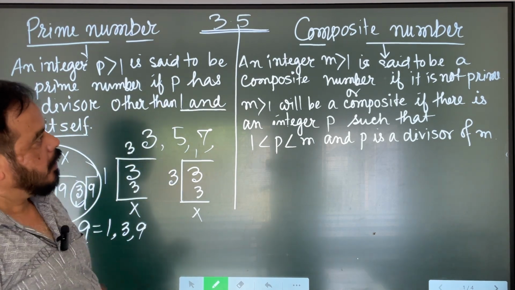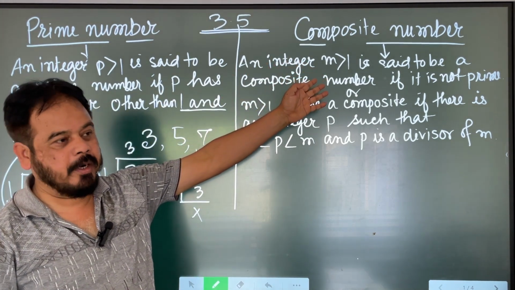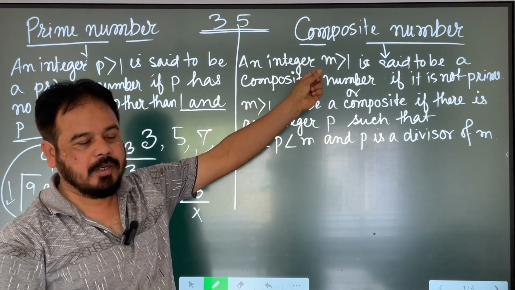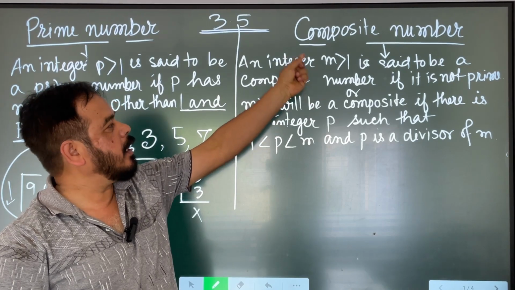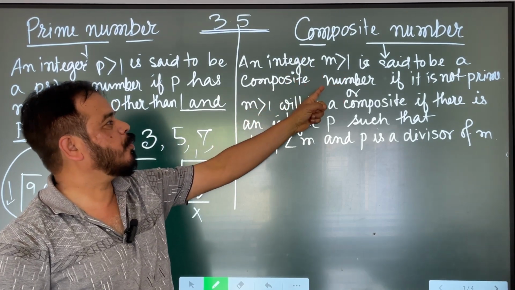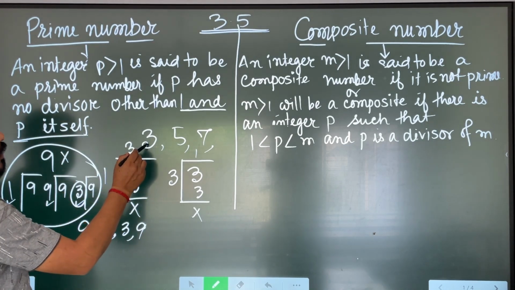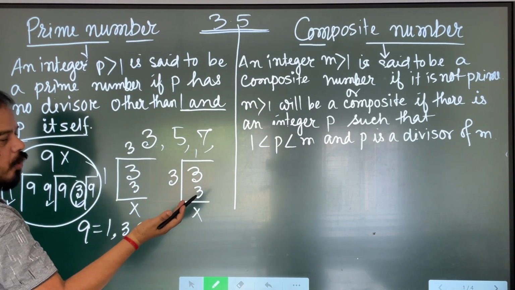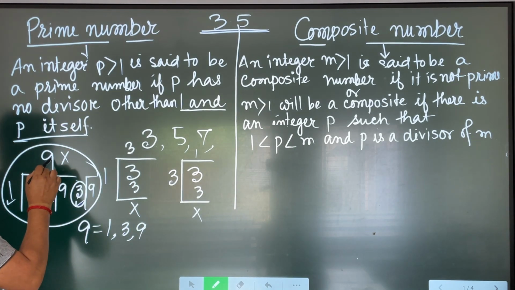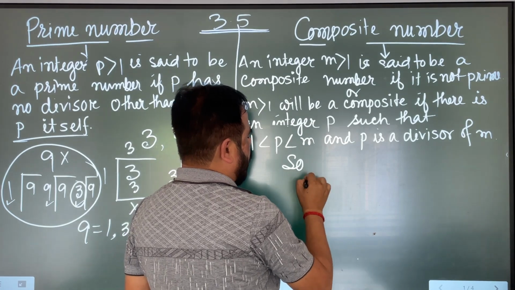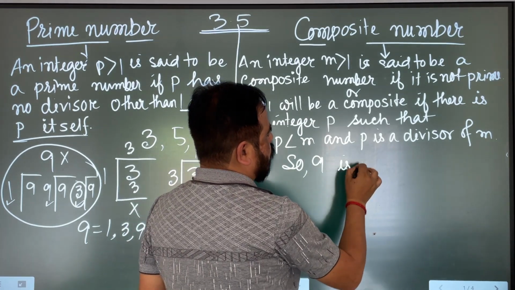So let us go to composite numbers now. A number m greater than 1 is said to be composite if it is not prime. If 3 is not prime, then 3 would be composite. 9 is not prime, so 9 is composite.